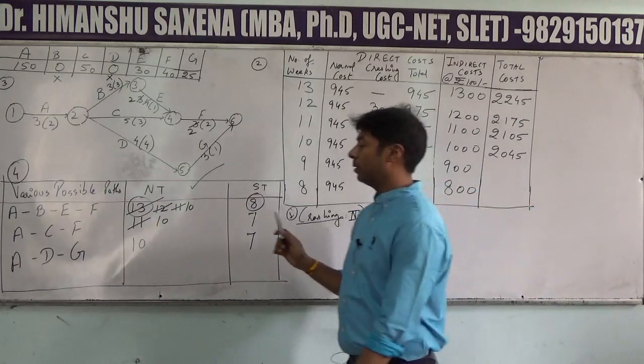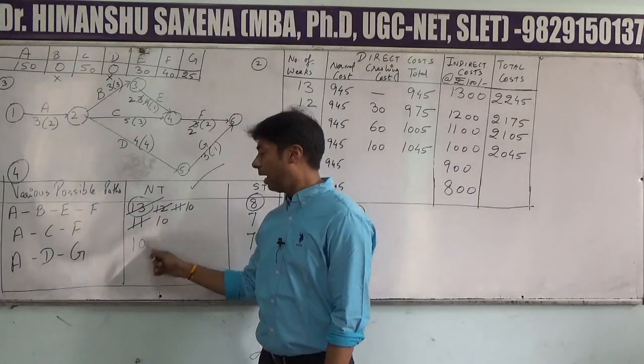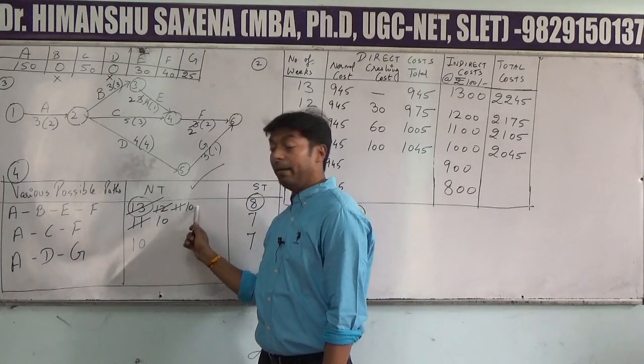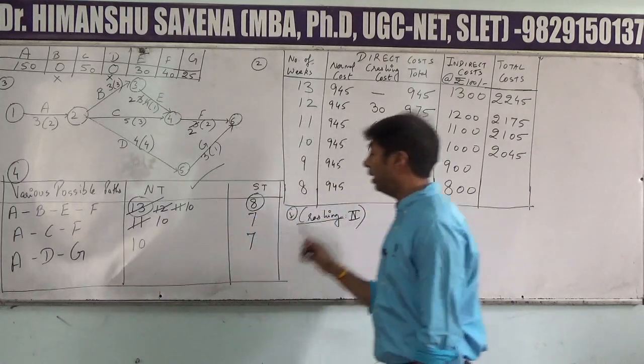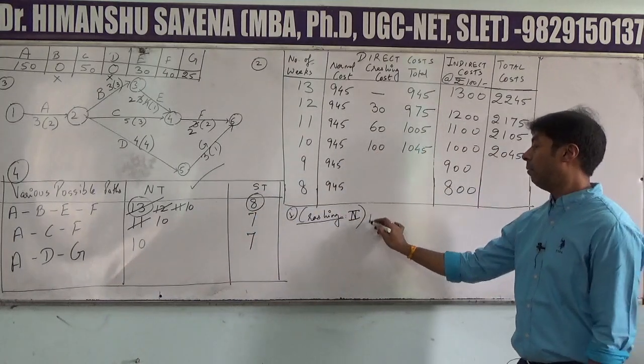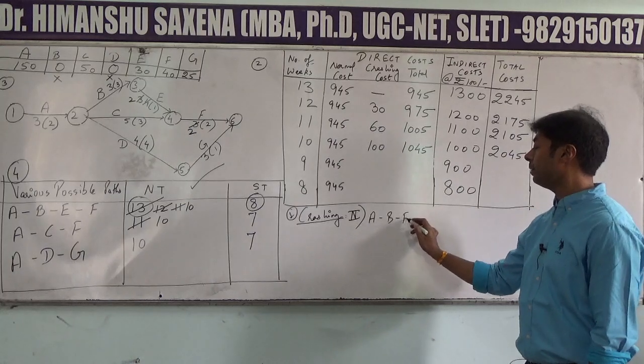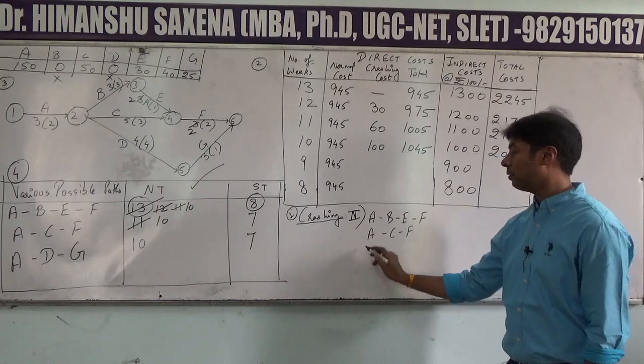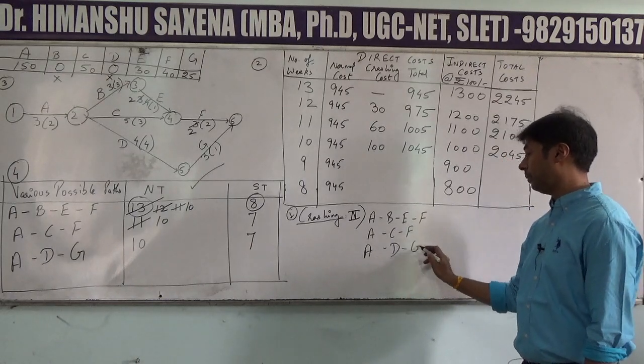Now if you observe carefully, all these values are absolutely the same. All these paths have the same normal time. So now we have to select all these 3 paths: Path A, B, E, F, then ACF and ADG.